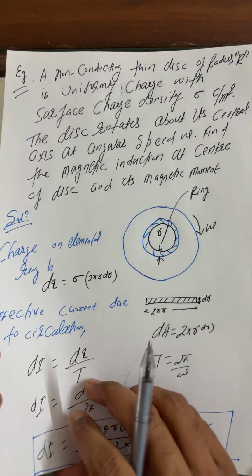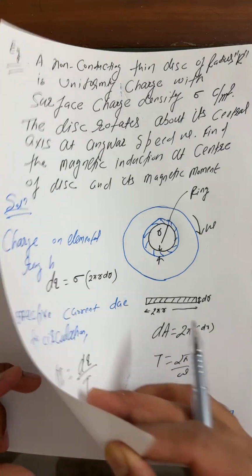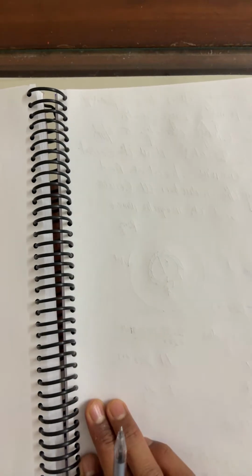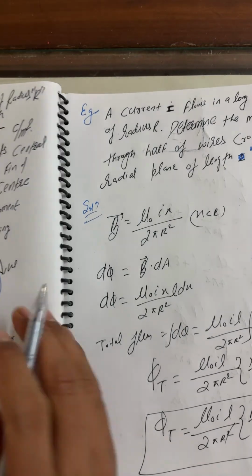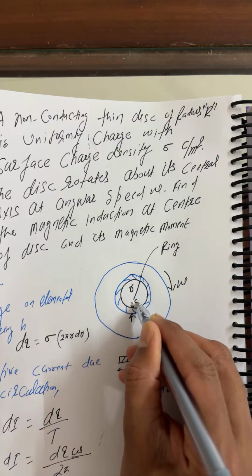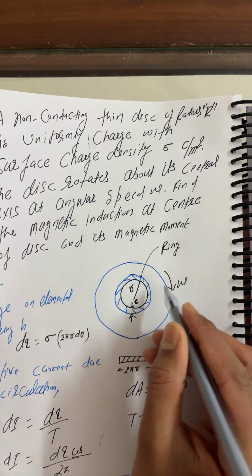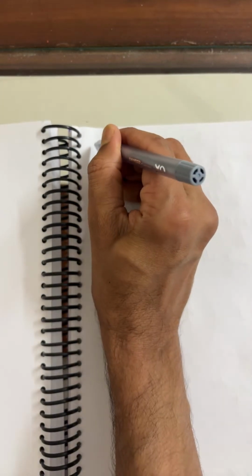Now let's take a snapshot and look at the question: magnetic field at the center point. I'm calling it C because they mentioned magnetic field at C.